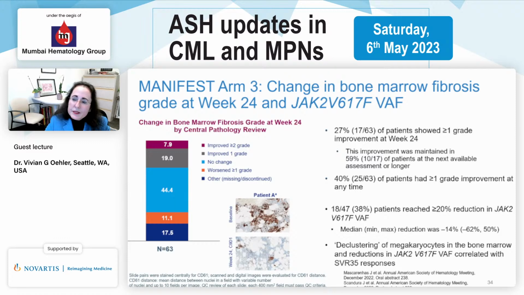So 27% of patients showed at least a 1-grade improvement at week 24, and 40% of patients saw an improvement at any time. We also found that spleen volume response is correlated with decreases in JAK2 allelic burden. And as I show here in the middle panel, these were also associated with declustering of megakaryocytes in the bone marrow.